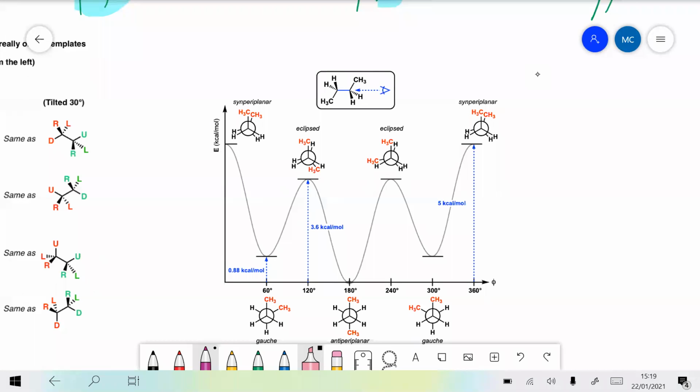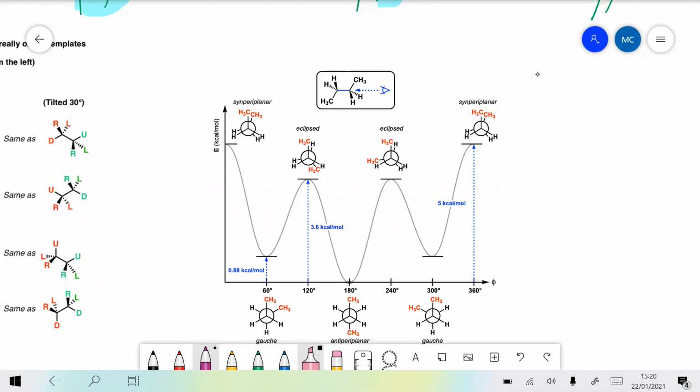So if they are directly behind each other, and here it's called periplanar, then we'll review what periplanar would mean, okay? That's going to be the highest possible energy. You cannot go higher in energy than having the two bulkiest groups behind each other, okay?